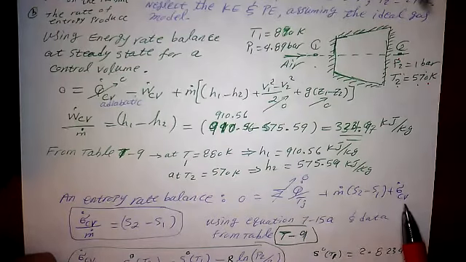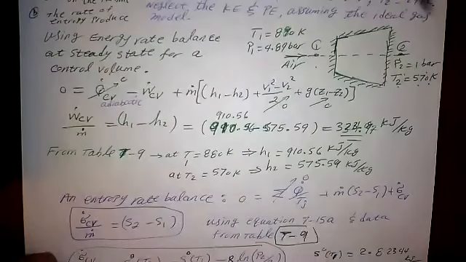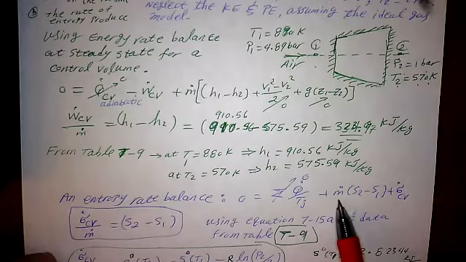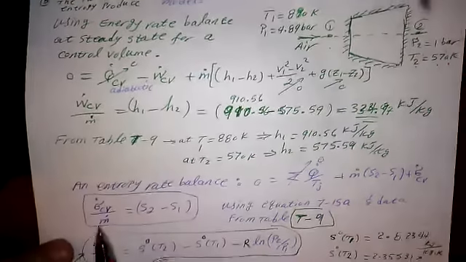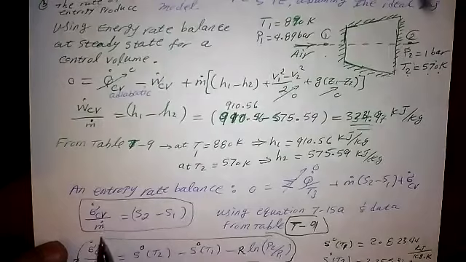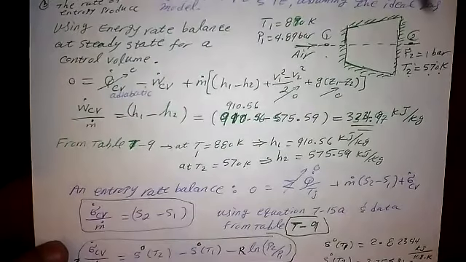If the heat transfer term goes to zero and I want to solve for the entropy production, I divide both sides by m dot, so the rate of entropy production, sigma dot CV over m dot, equals the change in entropy.